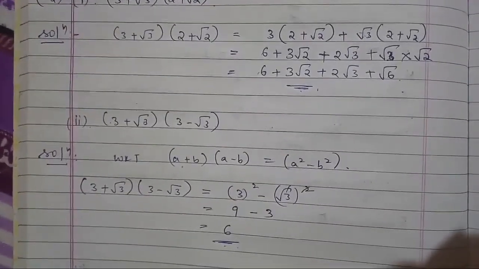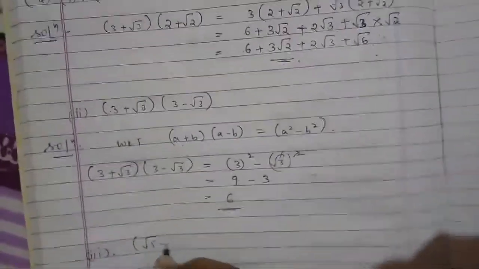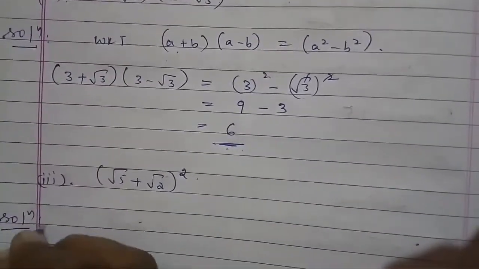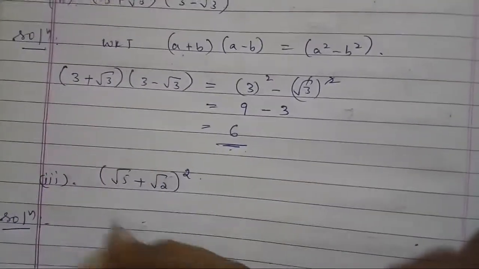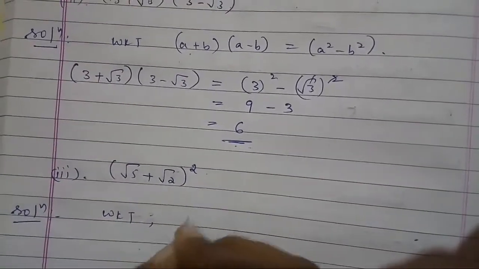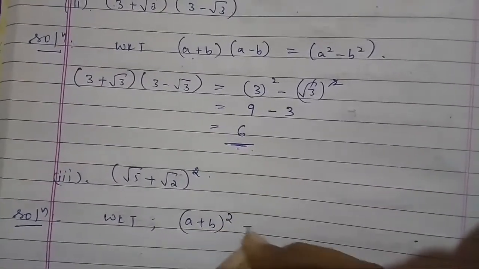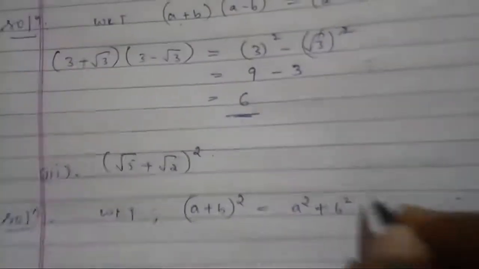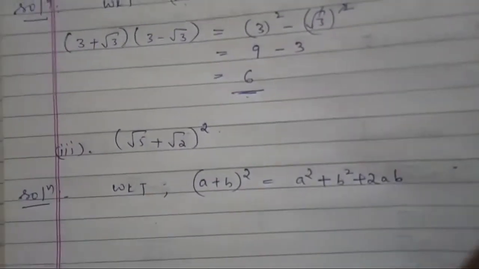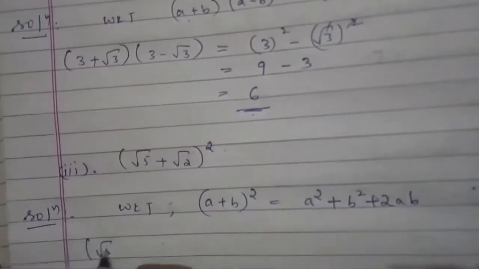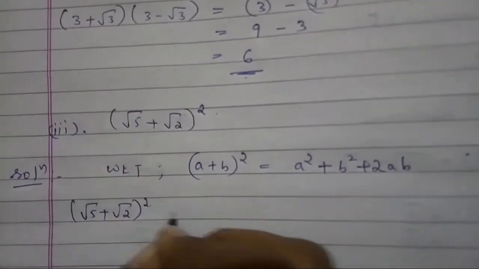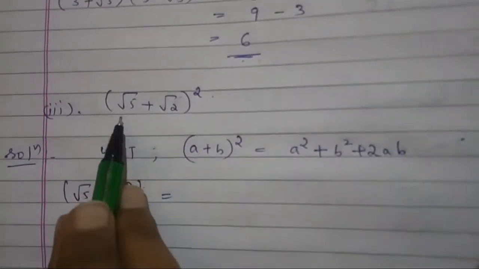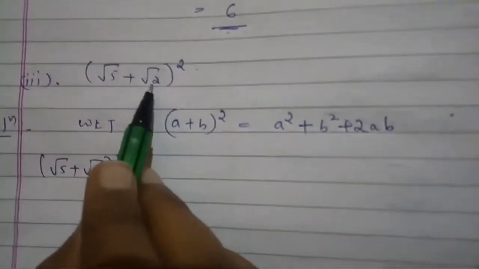Third problem, (root 5 plus root 2) whole square. This problem is in the form of (a plus b) whole square. We know that (a plus b) whole square is equal to a square plus b square plus 2ab. That is, in the place of a, root 5 will be there, in the place of b, root 2 is there.